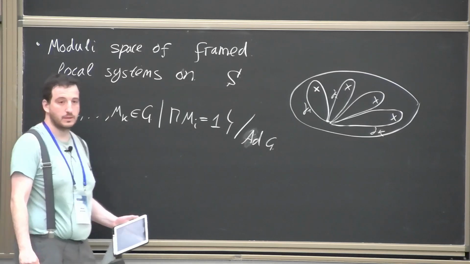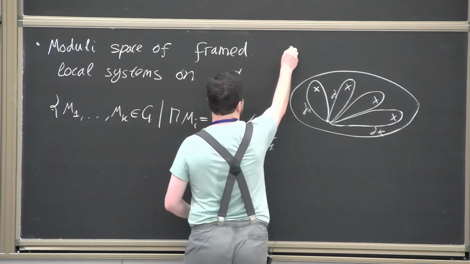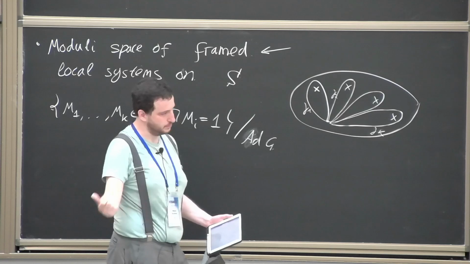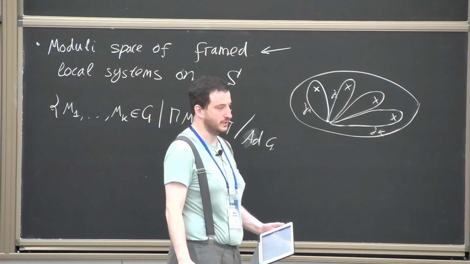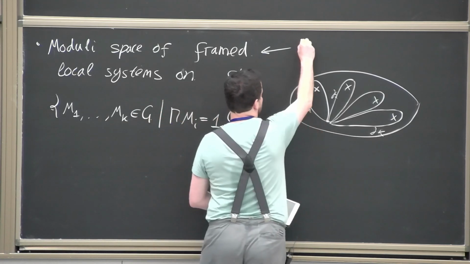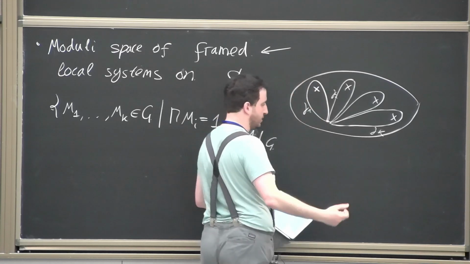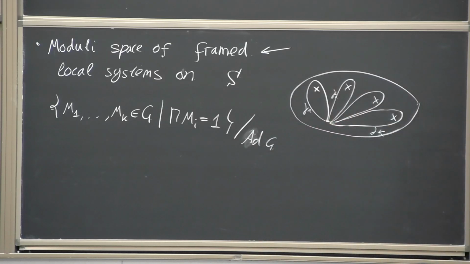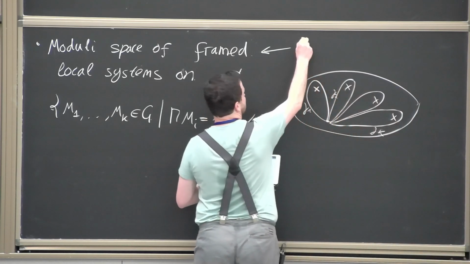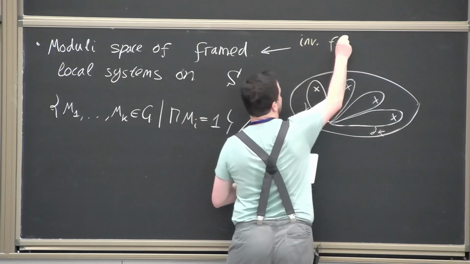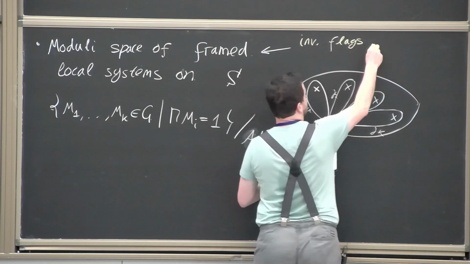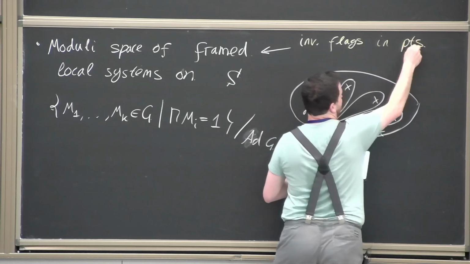So the adjective framed is manifest where? Yes, so the word framed, and this will actually have some importance for the talk. So the word framed means that we pick some additional data. Okay, I'll try to use chalk, but please comment if it will be visible. So it means that we pick some additional data that is invariant flux in points.